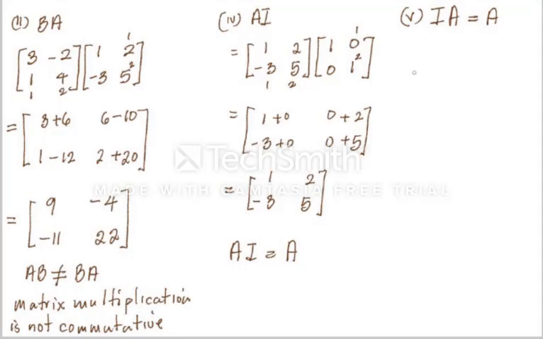So AI is equal to IA, which is equal to A. So when you multiply a matrix by the identity matrix, you get back the matrix. This is a fact that is going to come in handy shortly.